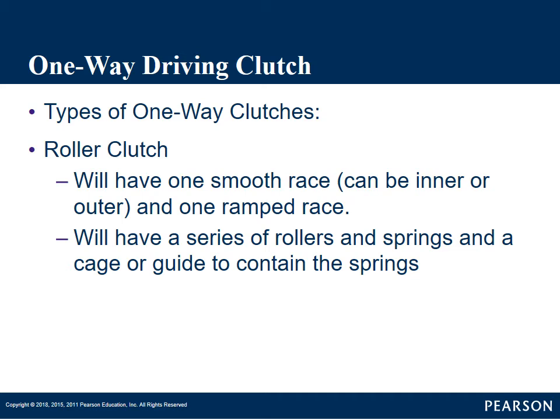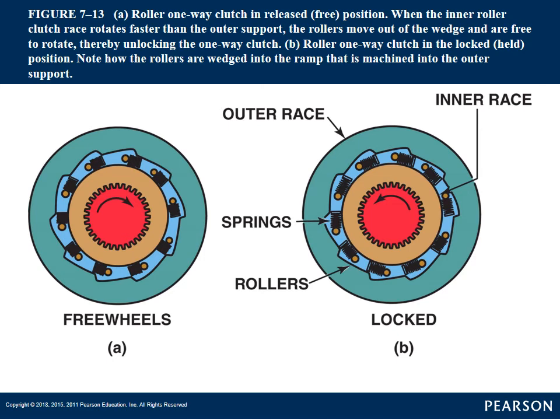Okay, and there'll be a series of rollers and springs in this to help lock this into place. And I have a picture to kind of help demonstrate this. Here's one. That's a good picture to show you the smooth. In this one, the inner race is smooth, and you can see the rollers with the springs.